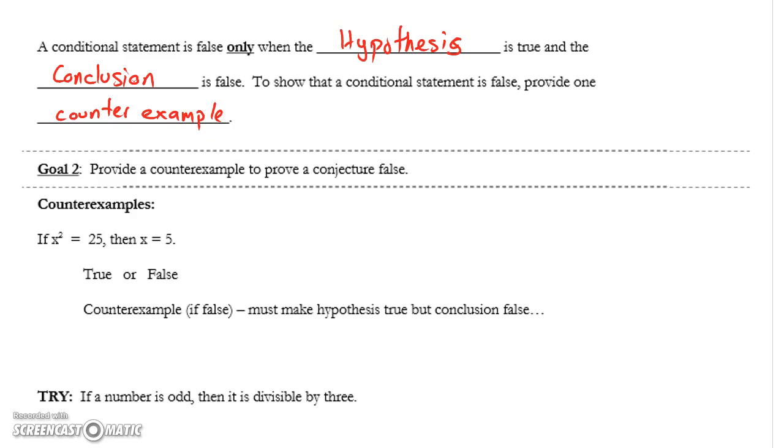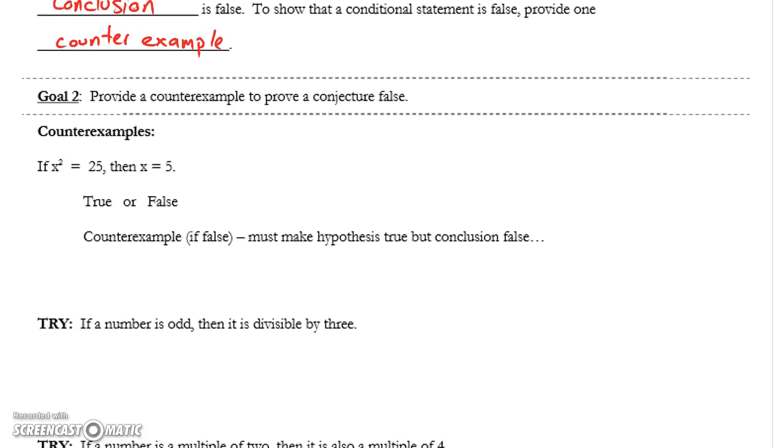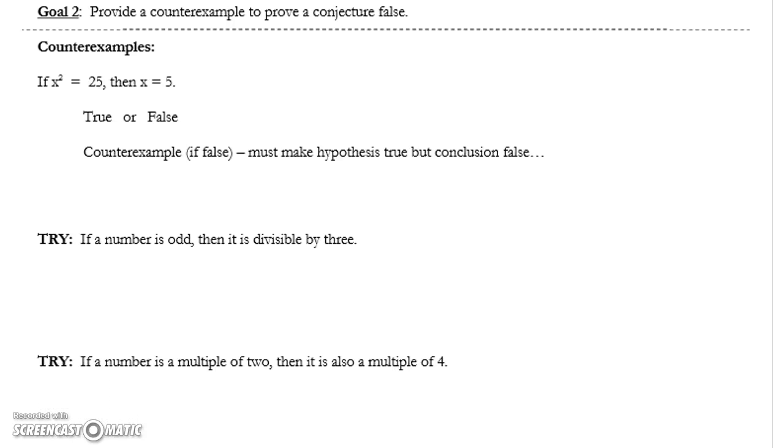So let's look at a few examples here. If x squared equals 25, then x equals 5. So this is either true or it's false, and we'll have to state that. The only way it's false is if I can come up with a counterexample where the hypothesis is true, but the conclusion is false. In this case, I know this is false because I can come up with an example and I'd want to write this out.